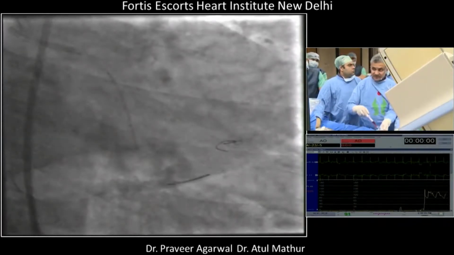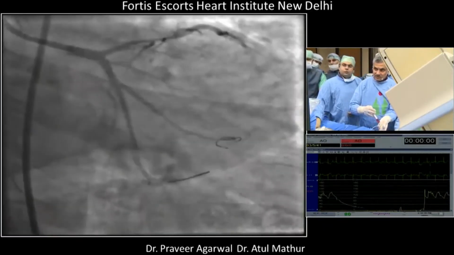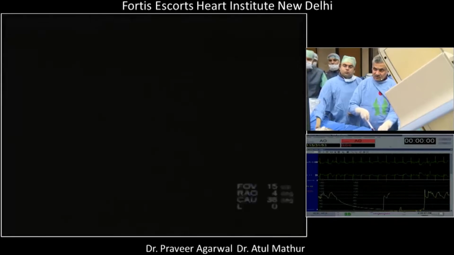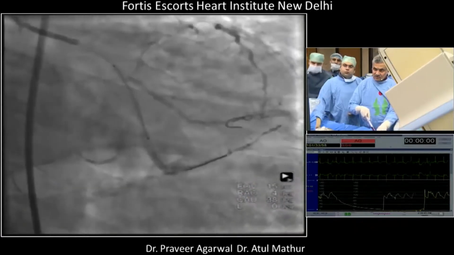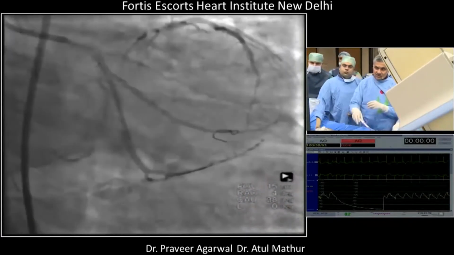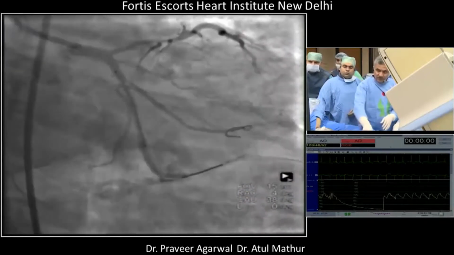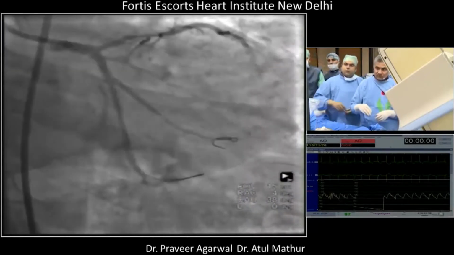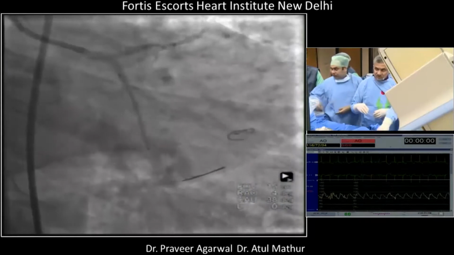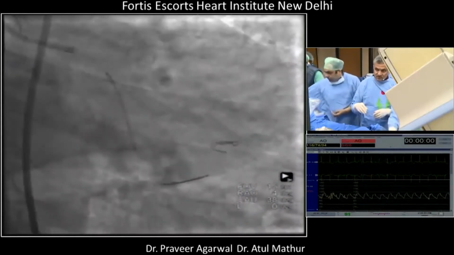Now before this thing, so you're doing a crush technique. This is not DK, so you're doing a crush technique. Okay. Now we take the wire out. Take an All-Star, or this wire may not be good. Okay, so we are going to take out our side branch.